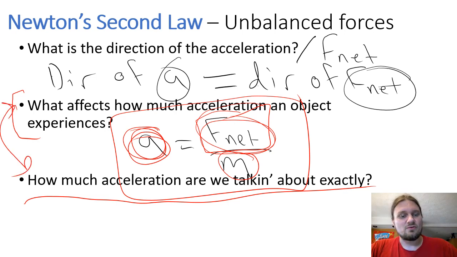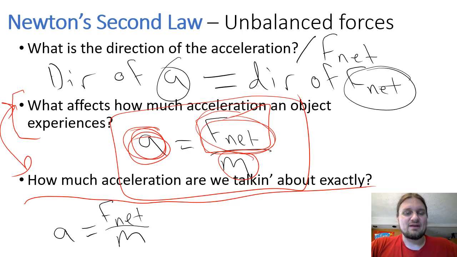If I look at the equation for acceleration, a equals F net over m, so net force divided by the mass, what this tells me is that the things that affect acceleration are going to be net force and mass.